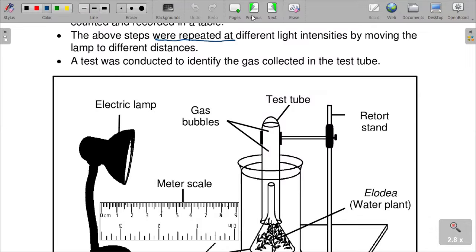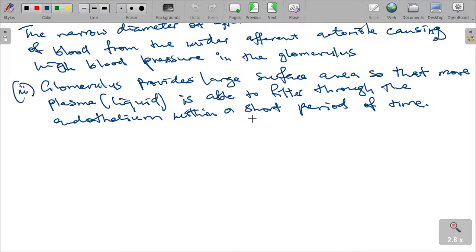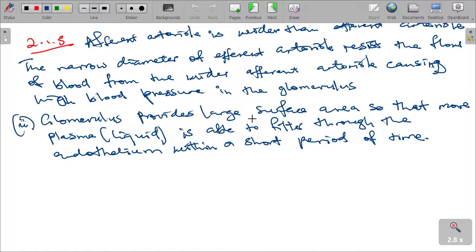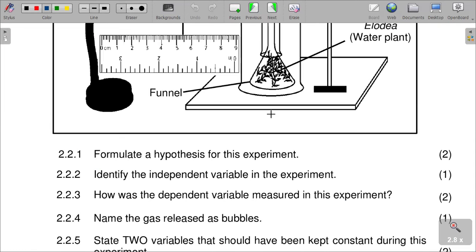So having said this, for 2.1.5, you can add as many points as you can, but I just wanted to give you the direction of what you should also take note of with that answer. There are quite a lot of other points to add. What we are saying here is that a hypothesis is an educated guess of an investigation.